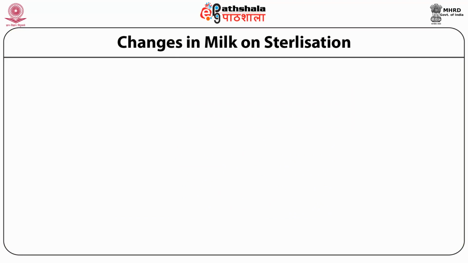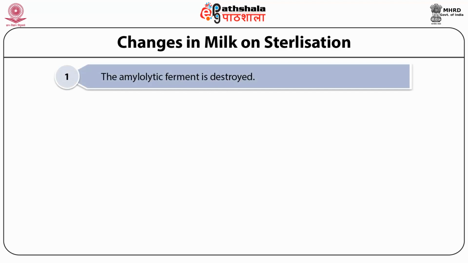Now we come to the changes which sterilization incurs in food. The first and foremost change is that the enzymatic ferment of the food is destroyed. That is, there is no further microorganism to cause deterioration of milk. As a result, the milk is safe to be consumed for a long time.